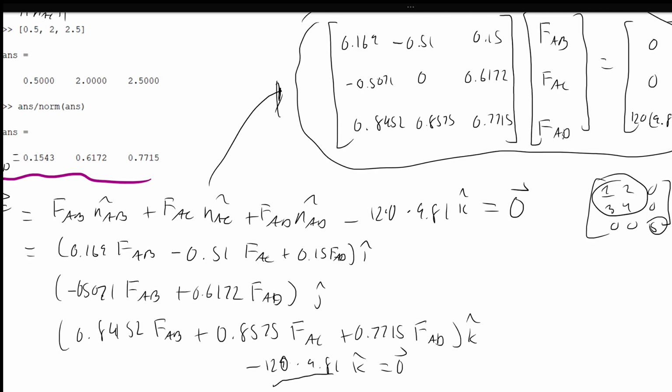What? Oh my, wait. Three rows, 1 column, by 3. What am I? Why am I literally not? It's MATLAB that is giving me the trouble at the moment.